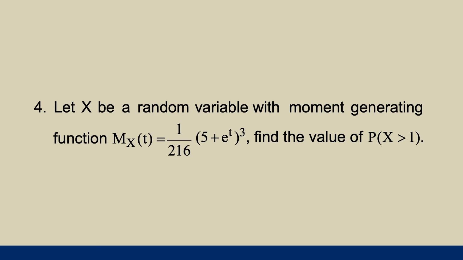We are considering a problem of the binomial distribution with respect to the moment generating function. See, suppose x is a random variable with a moment generating function M_x(t) is equal to 1 divided by 216 into (5 plus e power t) power 3, find the value of probability of x greater than 1.